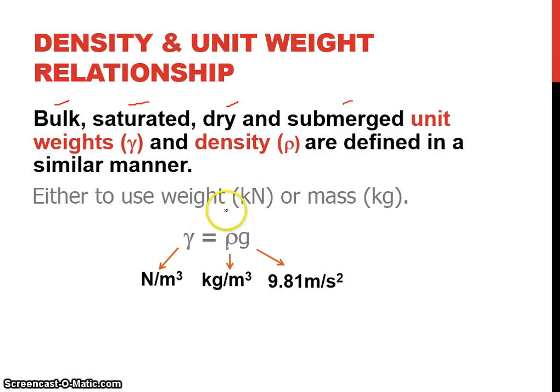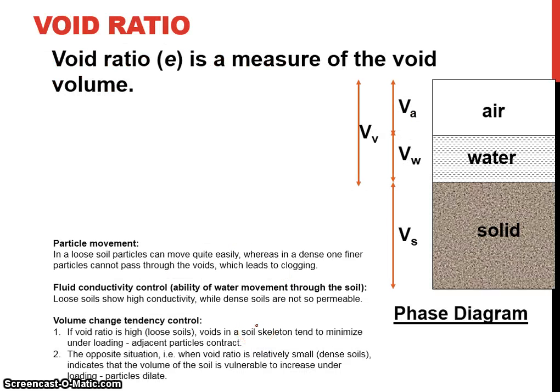And the relationship between gamma and rho can be addressed by using gravity. The relationship between the unit weight and the density is by multiplying the density with the gravity. Okay, so that's the first part.